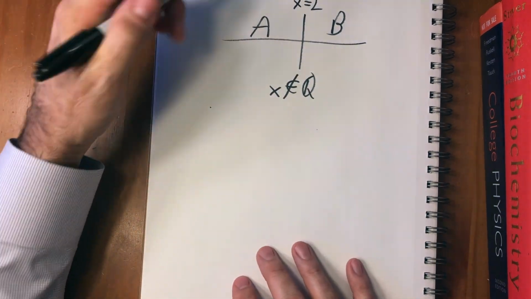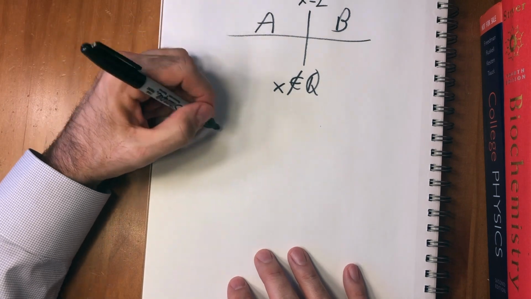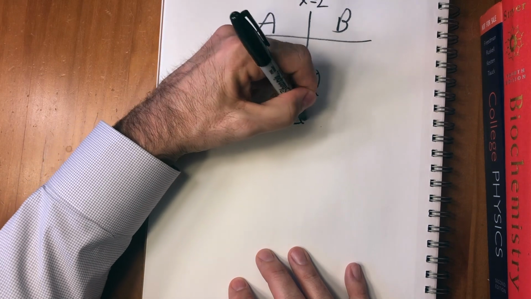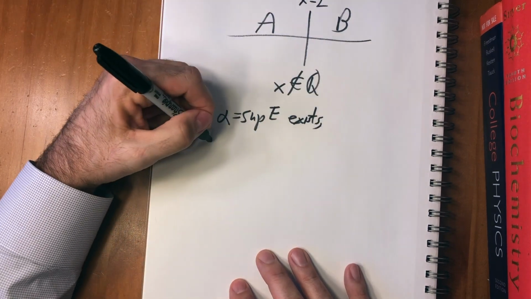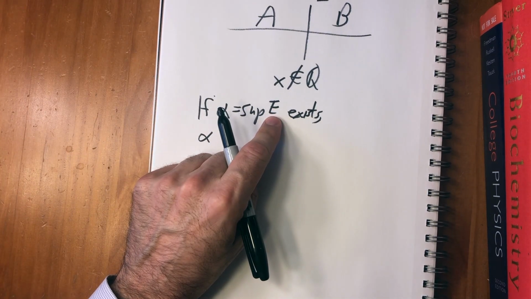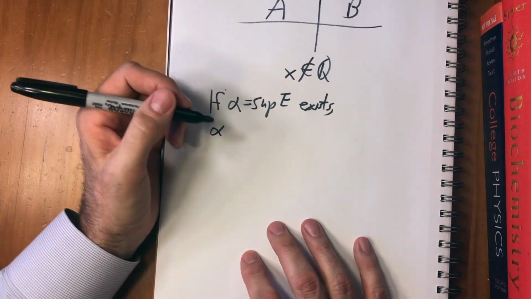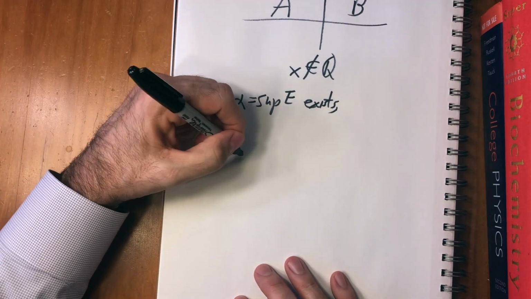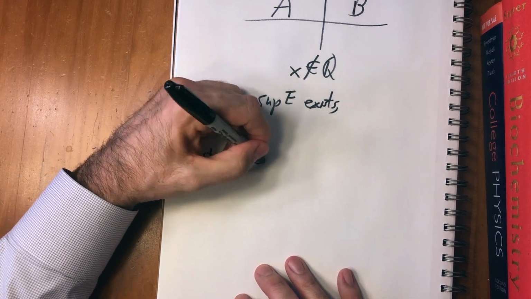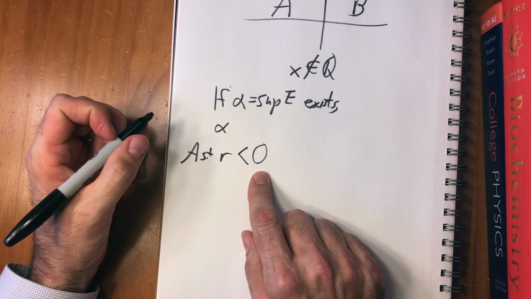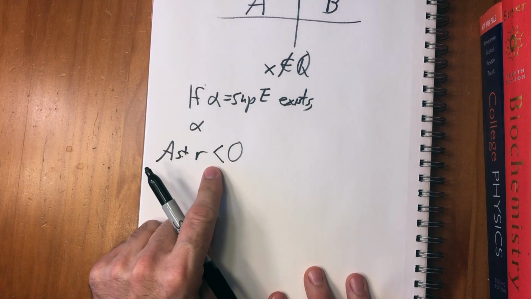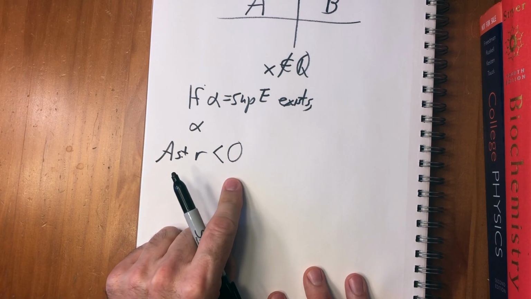Second thing, which we also talked about actually in our last videos, is that if alpha equals sup E exists, then alpha may or may not be inside E. So we talked about this. This was one of the examples that I looked at. So if A is the set of R's such that R is less than 0, then the supremum of A is going to be 0.